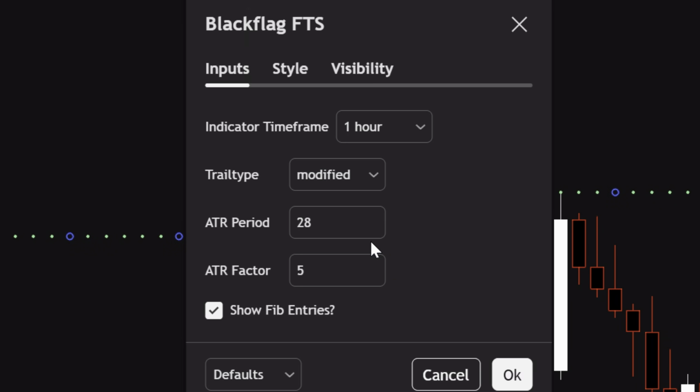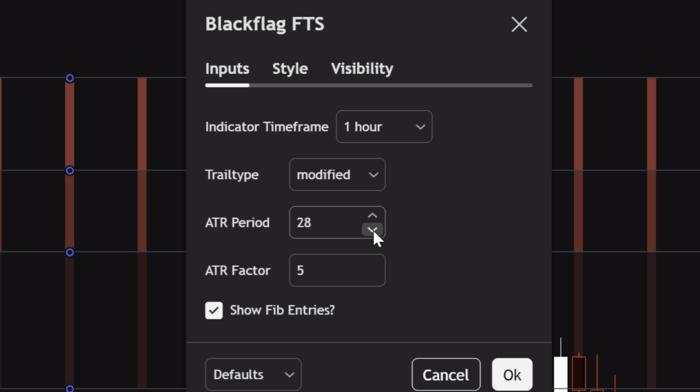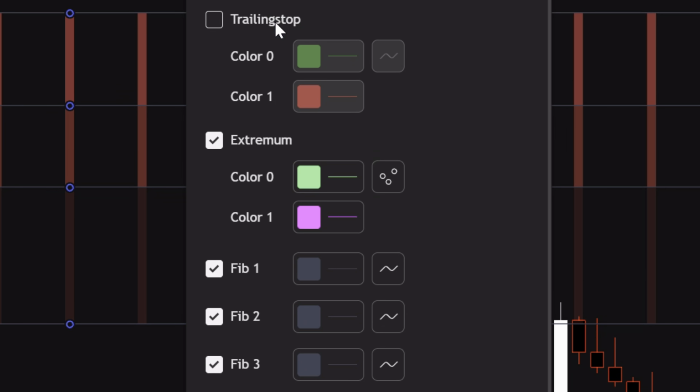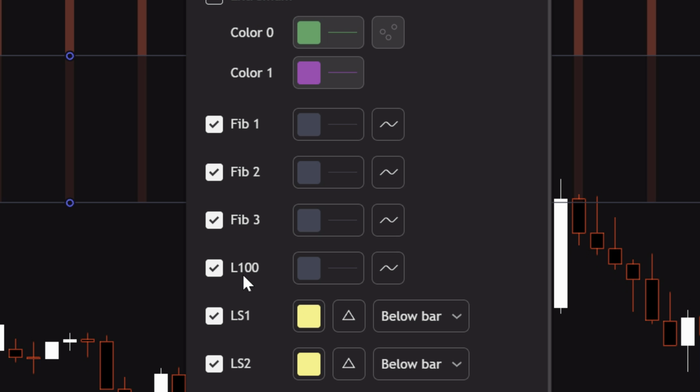Using ATR period 15, and factor 5. With everything disabled except Fib levels and plotting.